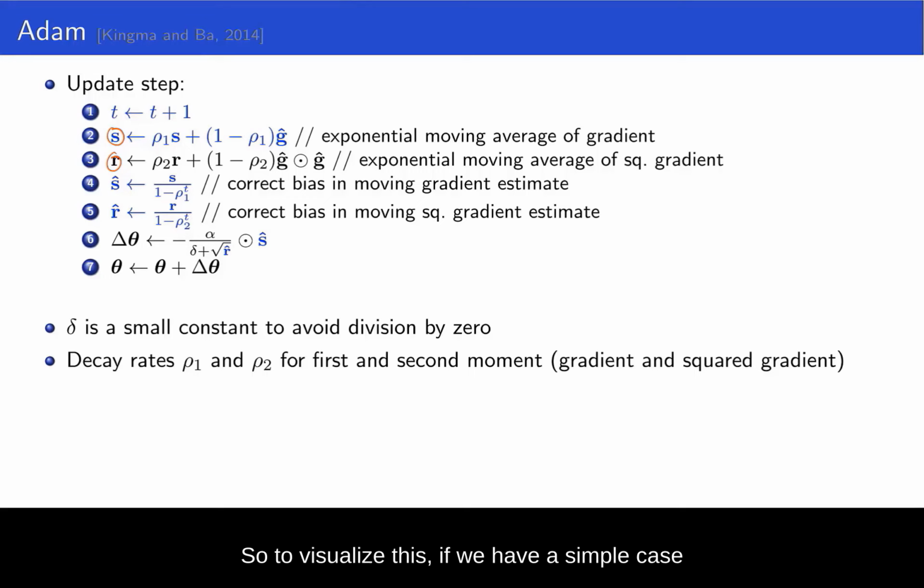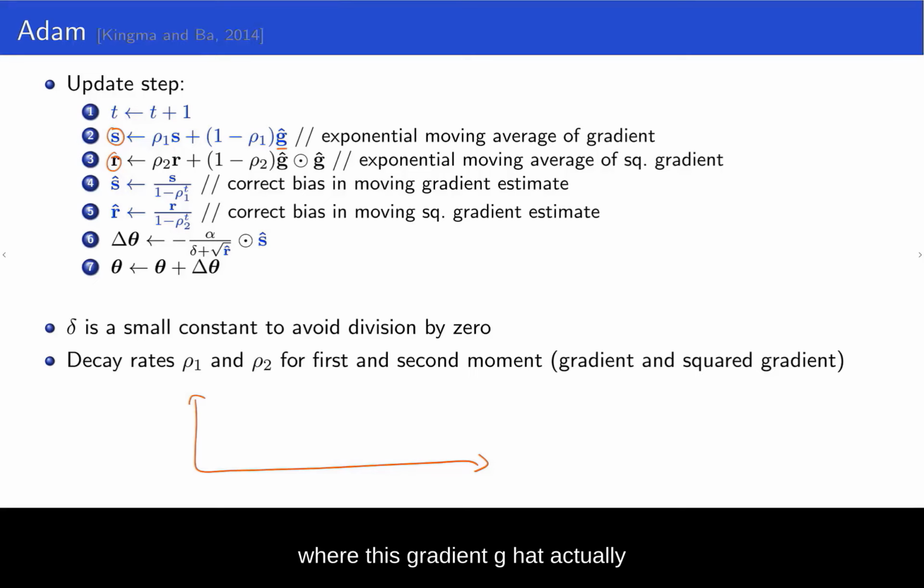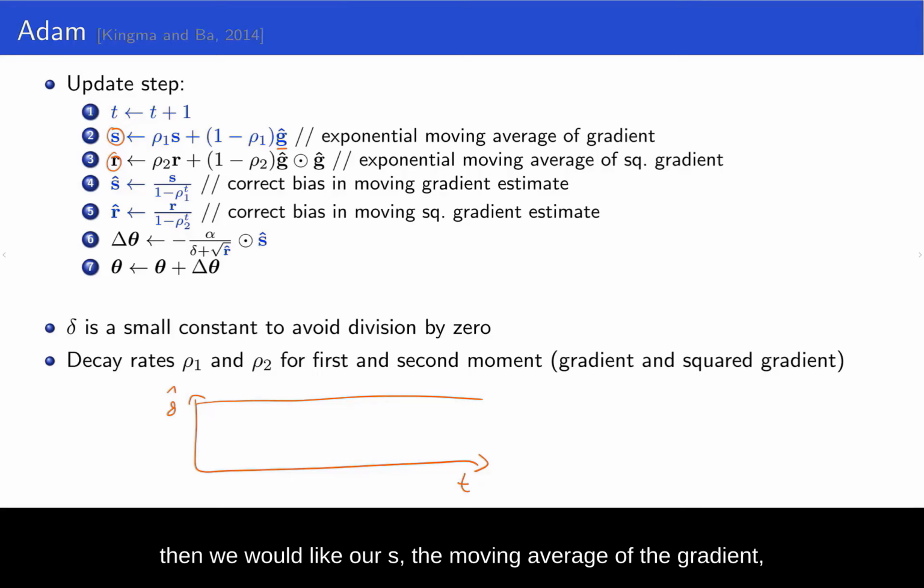So to visualize this, if we have a simple case where this gradient g hat actually remains constant over a series of steps t, then we would like our S, the moving average of the gradient, to catch up as quickly as possible to this g hat.